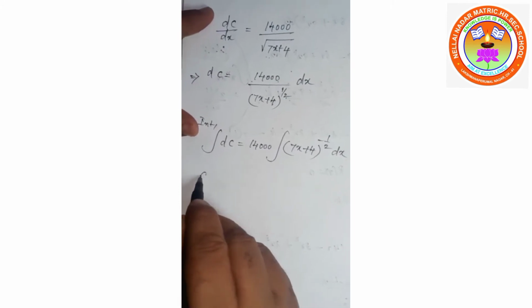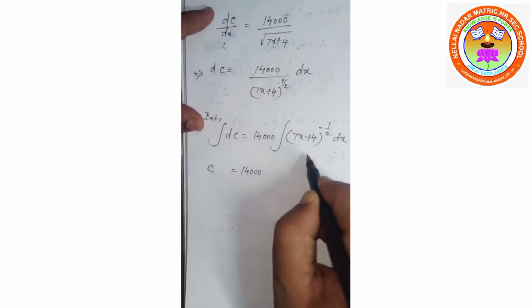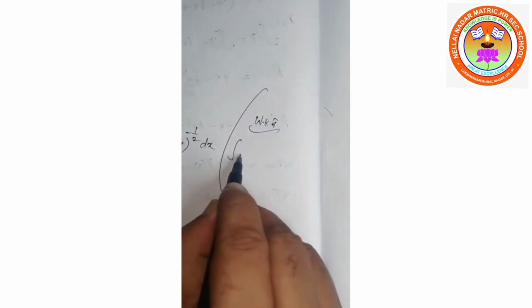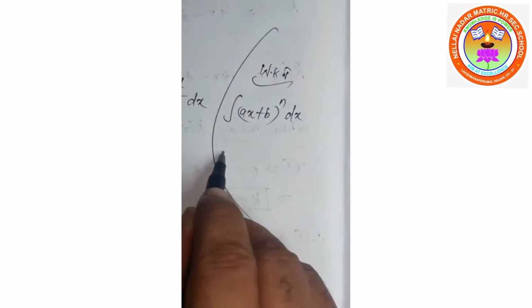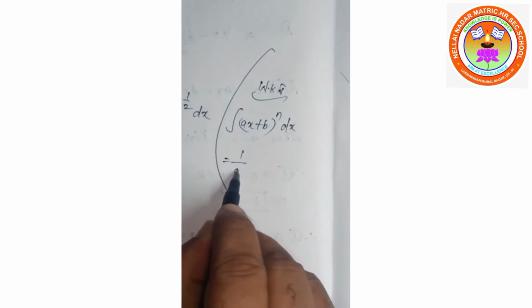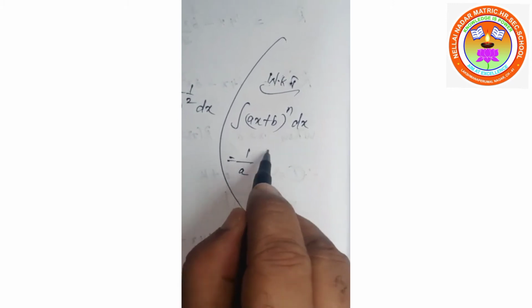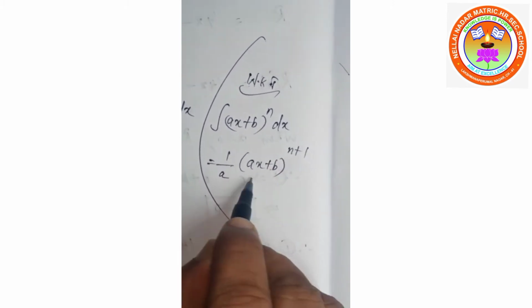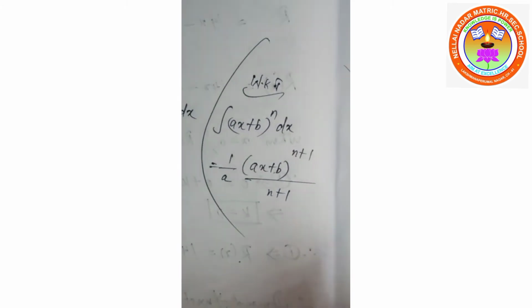Integral dC is C equals 14,000. What form is it? We know that integral (ax plus b) whole power n into dx equals first 1 by a, where a is the coefficient of x, into (ax plus b) power n plus 1 divided by n plus 1. You have to apply the formula.